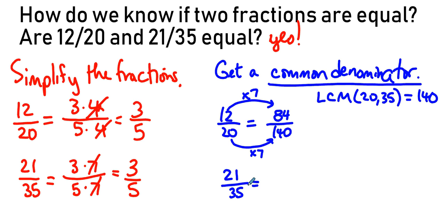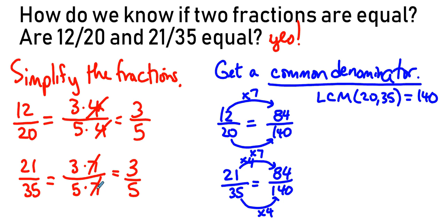Similarly, 21/35ths, how many 140ths is that? Well, we took each of the little pieces and we broke them up into 4 little pieces to get from 35 to 140. So the 21 we chose also got broken up into 4 little pieces each. There are 84 pieces out of 140.